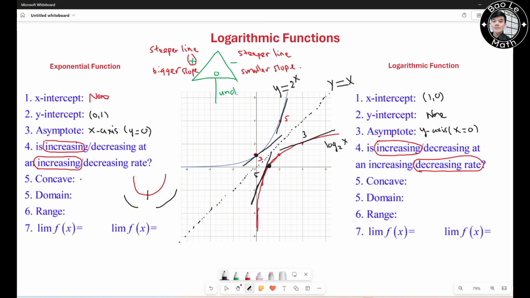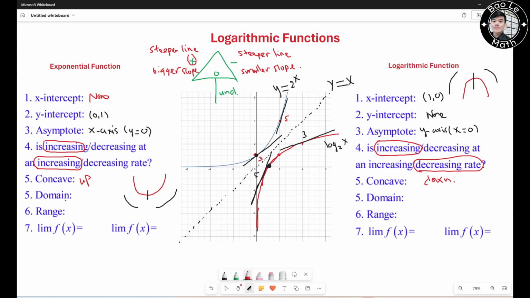So the function is concave up. Now if you see the bow upside down like this, or you cut this one in half and you only see half like this or half like this, the function is concave down. You look at this one, it's going to be on the left hand side. So the function is concave down.